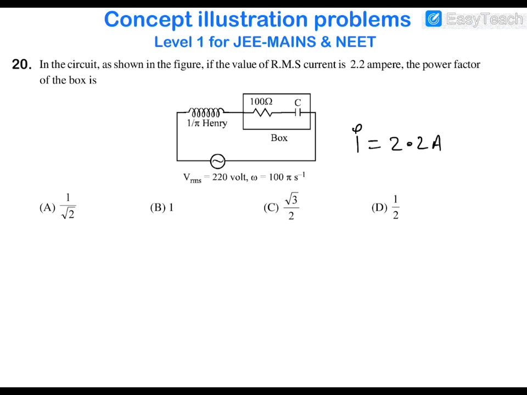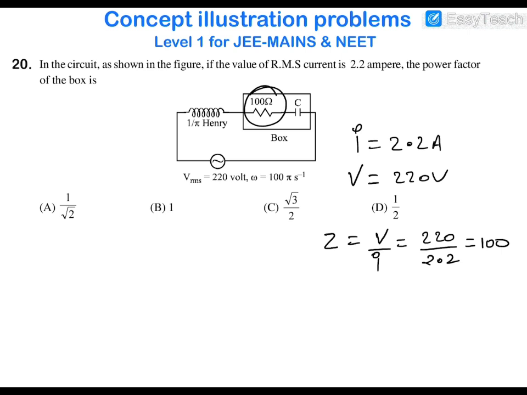Okay, and the voltage, which is obviously RMS voltage because nothing is mentioned about this voltage in this question, is 220 volts. So Z will be equal to V upon I, and V upon I is 220 upon 2.2, and therefore we can say that Z will be equal to 100. And we know that R is also given as 100.